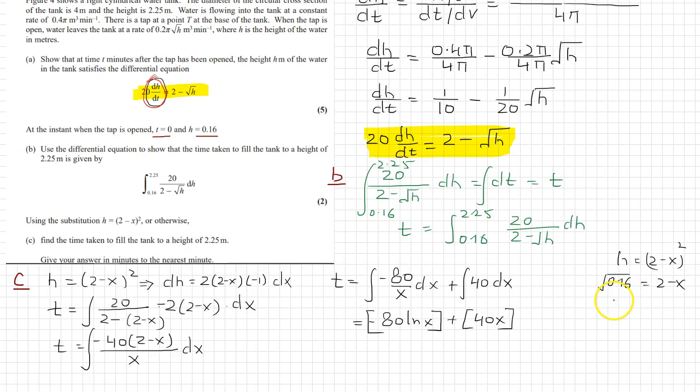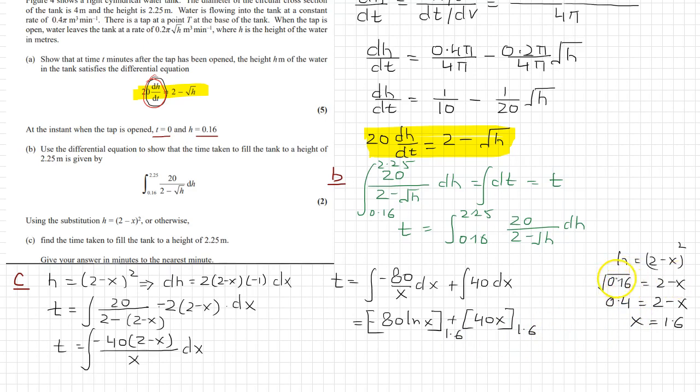So x is equal to 2 minus 0.4, so 1.6. So the lower limit is 1.6. Now let's find the upper limit.